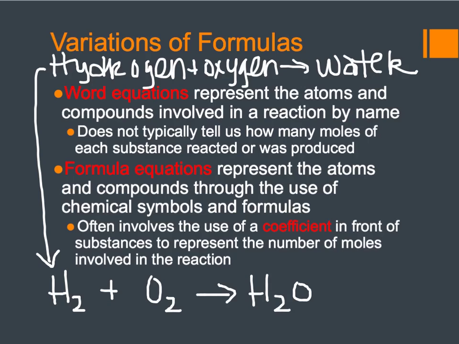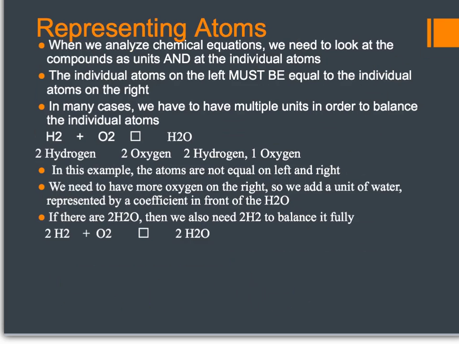There will often be a coefficient or a large number in front of the formula itself that represents how many moles are needed for this reaction to occur or how many moles are produced through the course of the reaction itself. And I'll show you an example of that here on the next slide.